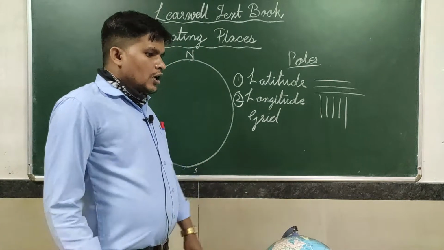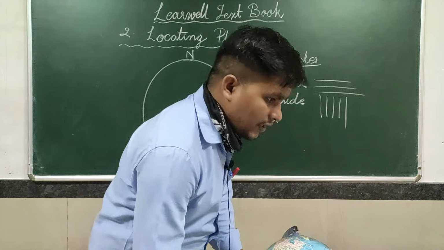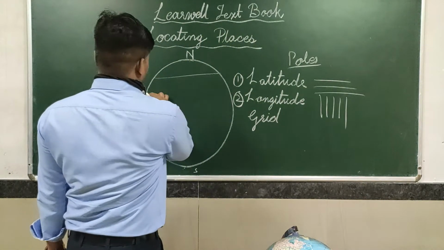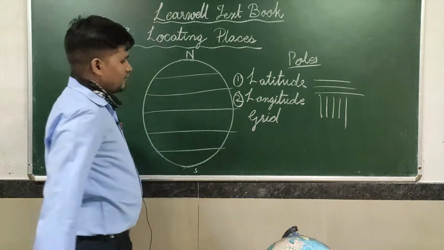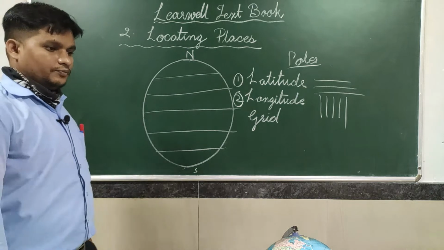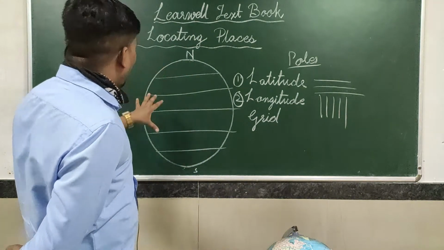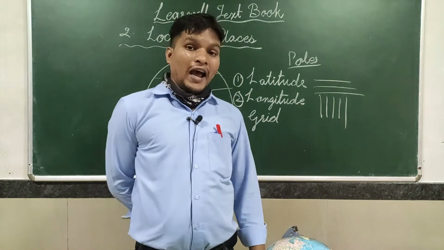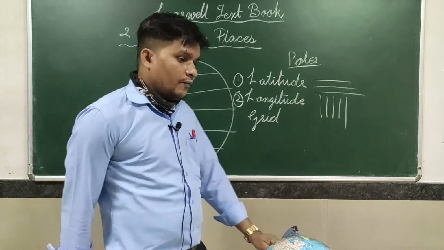So now we are going to learn latitude. Let us see what latitude is. Latitude means like this. These are called latitudes. But here only specific latitudes we are identifying, otherwise we are giving them as they are.